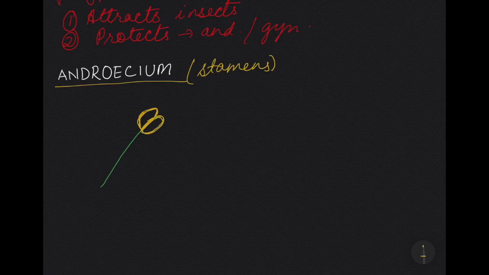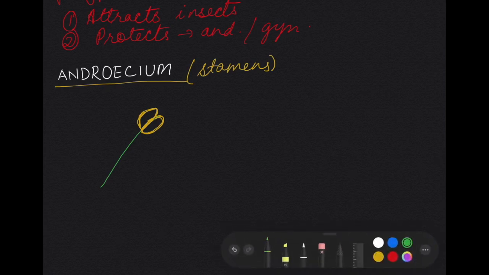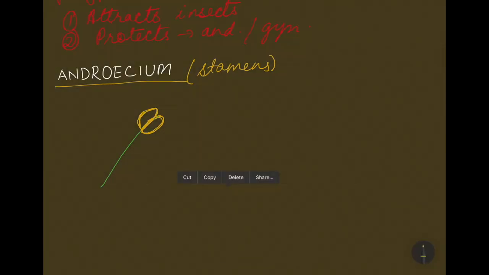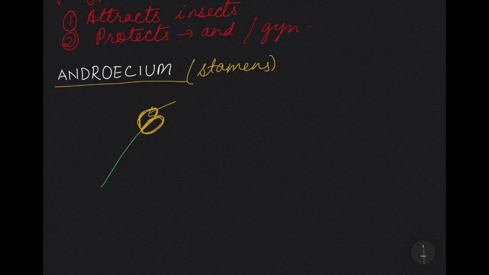Okay, so the anther has two lobes and each lobe has two pollen sacs. Okay, now each lobe, you will see each one, this lobe and this lobe, it has four.